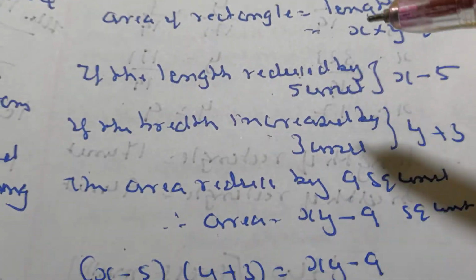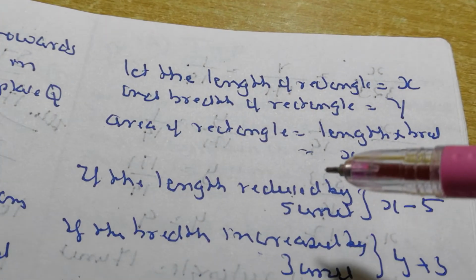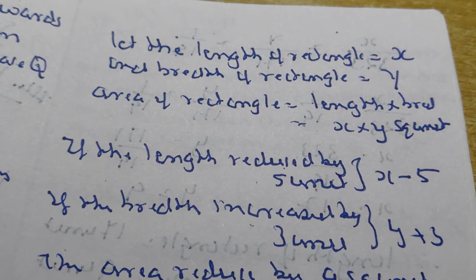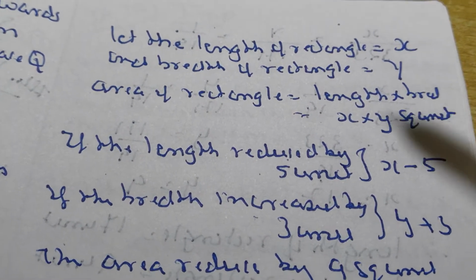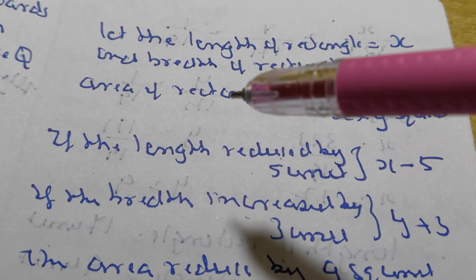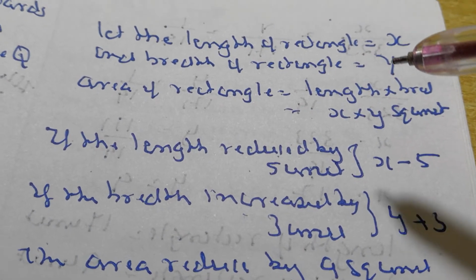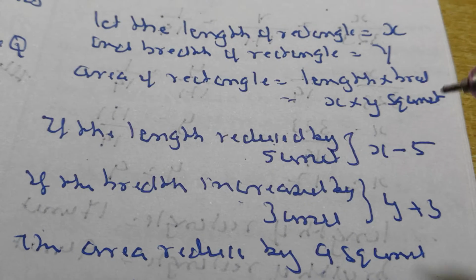So dear friends, here we are going to let the length of the rectangle be x and the breadth of the rectangle be y. Now we know very well, the area of a rectangle is length into breadth, that is x into y square units.